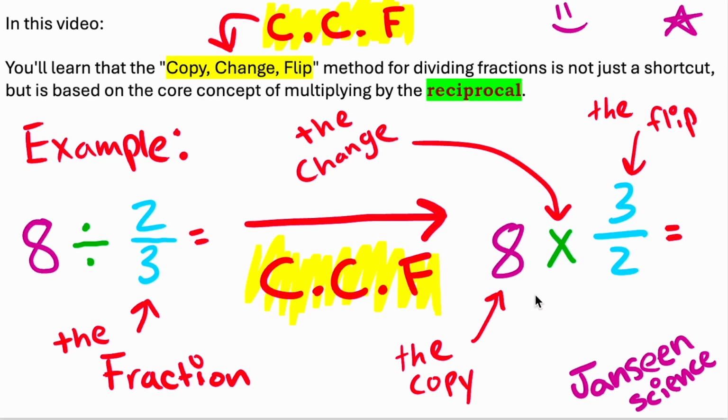That is the change. And then the fraction 2 over 3, I flipped it to 3 over 2. And so all you need to do now is multiply 8 times 3, which is 24, divided by 2. That gives you 12. And that's the answer. Simple.